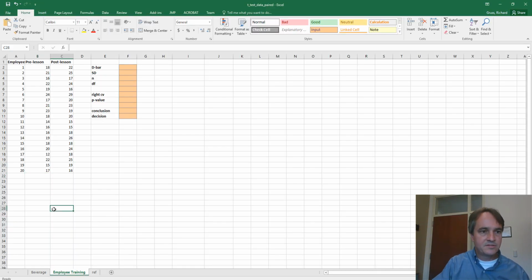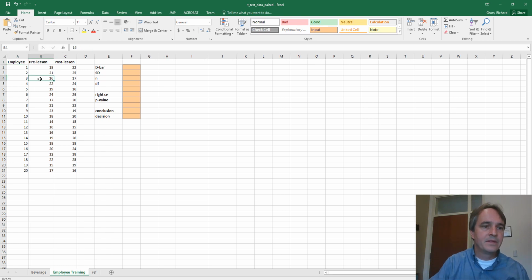We've got 20 employees, and we've got their scores before the lesson and after the lesson. We can browse down the rows and see that in most cases, they appear to go up. They seem to go down in a couple, but it looks pretty encouraging. But we need to get some statistics to make this observation more precise.